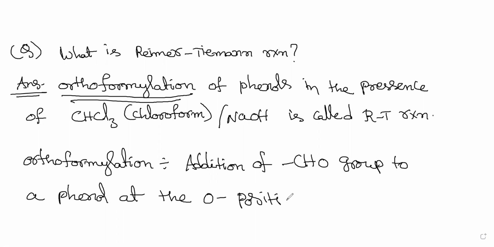So that is what is called Reimer-Tiemann reaction. That is what is called ortho-formylation.